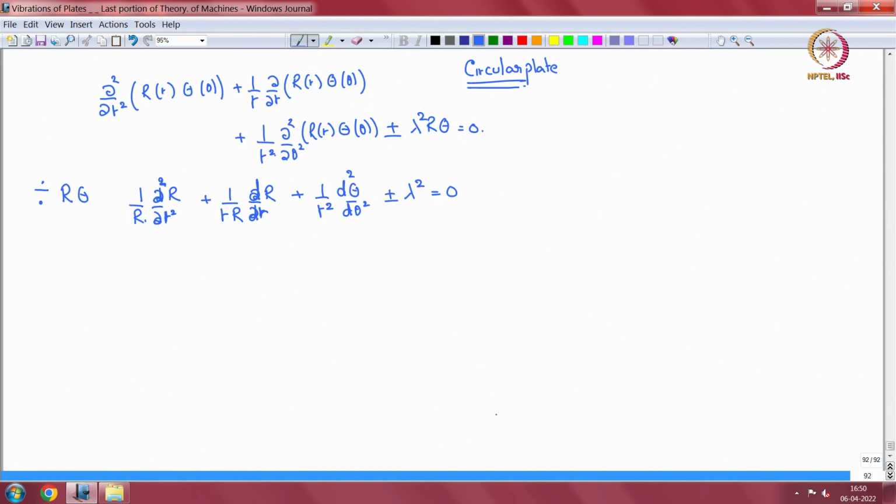Okay. So now I will do something here. I will multiply the whole thing by r square into r square.